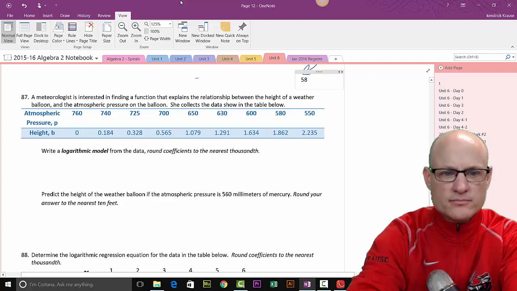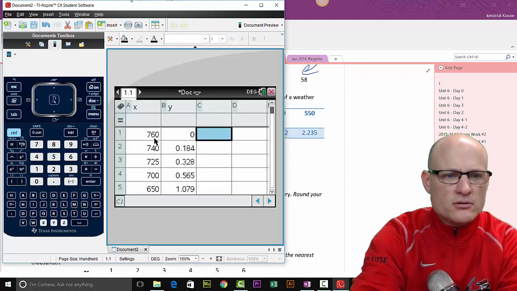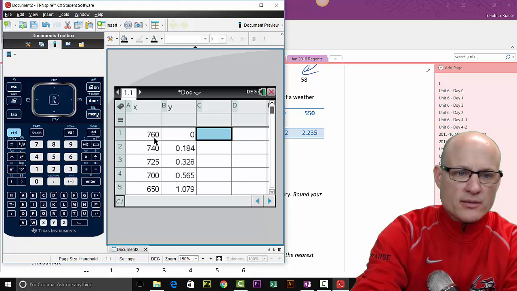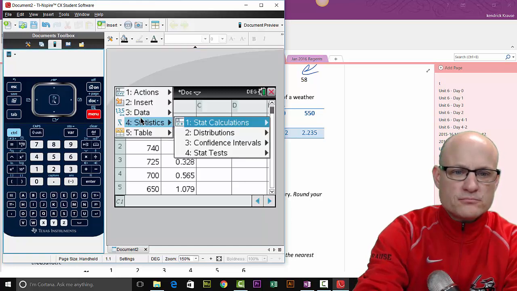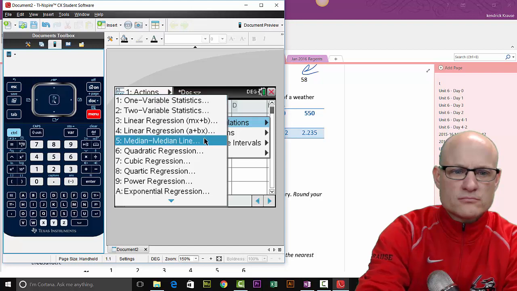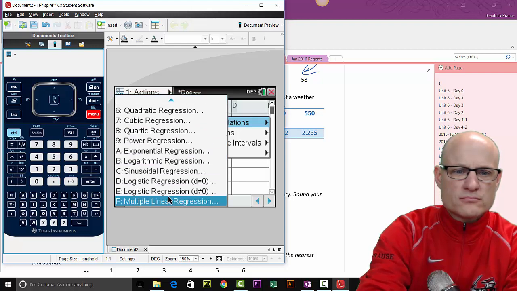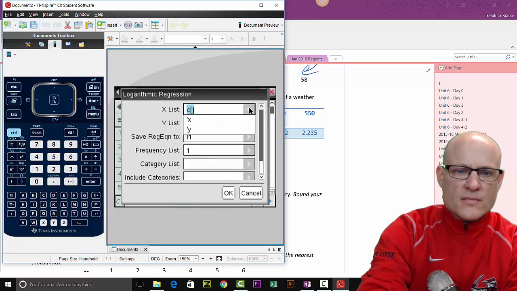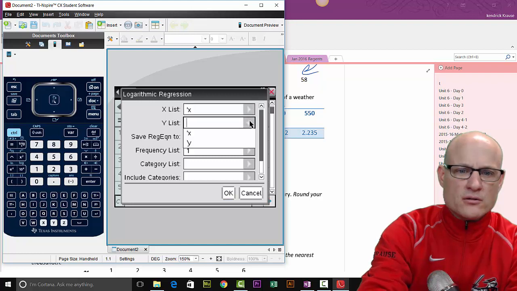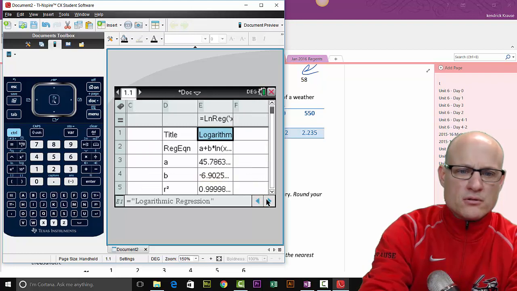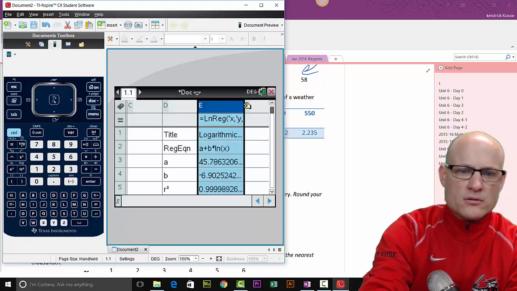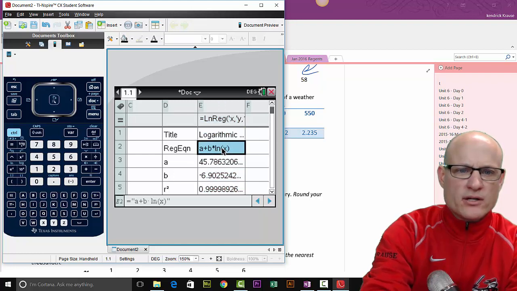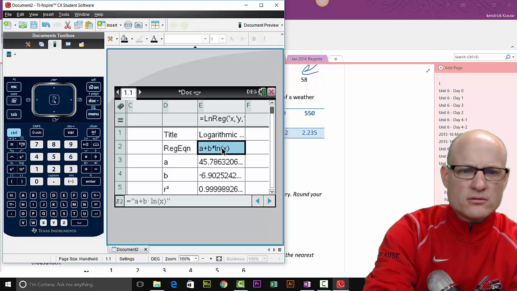And are we doing exponential again? Oh, we're doing logarithmic. Well, I don't know if I've done a log in a long time. I don't know why it's got natural log. Did I use natural log? It should just be log.